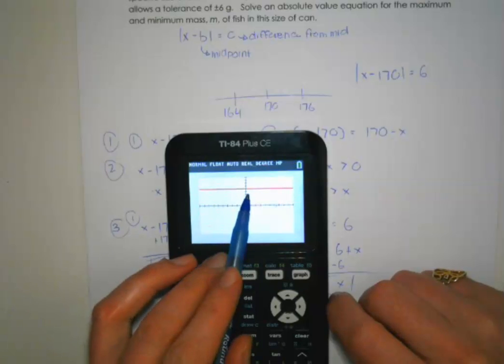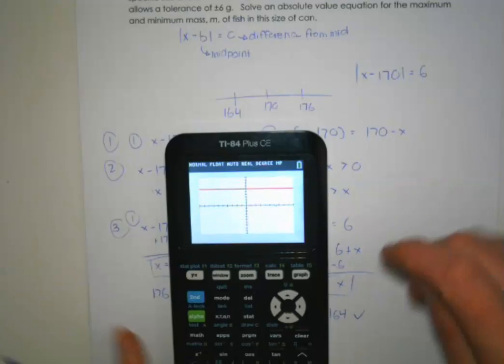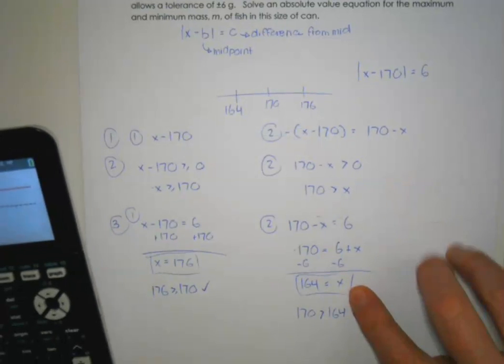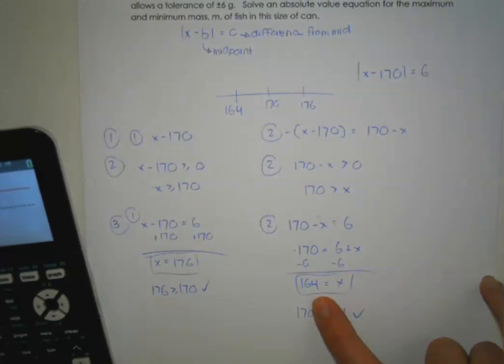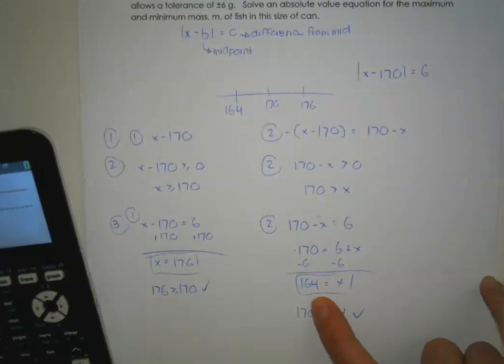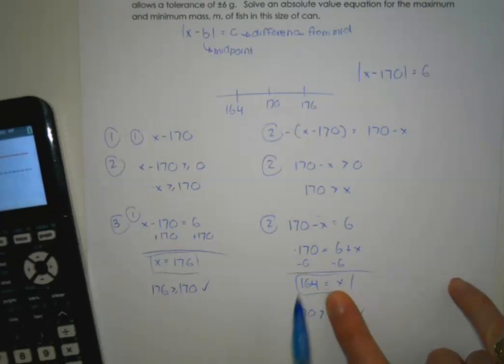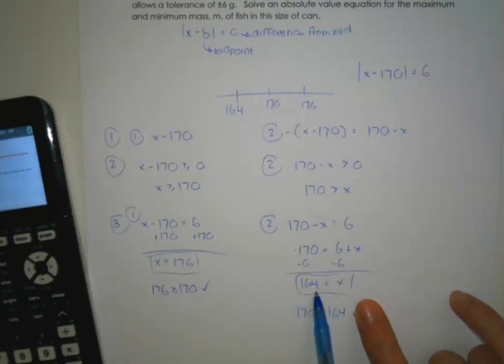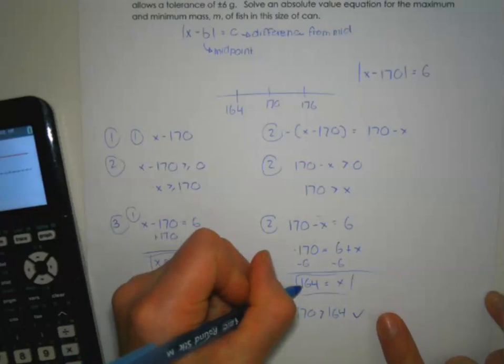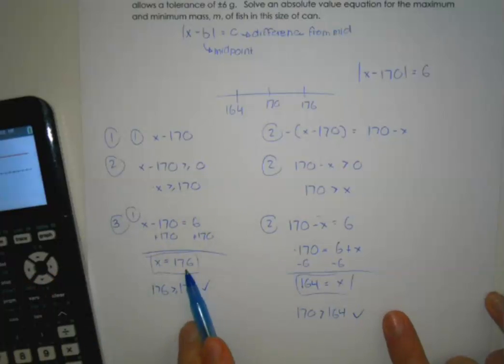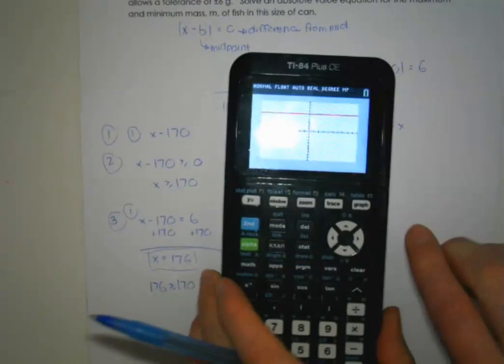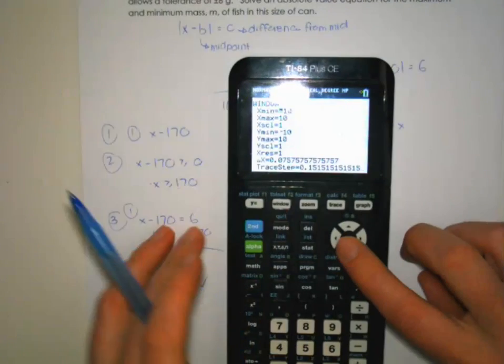Now, what did we say? We said that we would have x values for 164 and 176. So all this is telling us with our solutions is that x would be equal to 164 and y would be equal to 6, and x would be equal to 176 and y would be equal to 6. So we need to change our window for that.